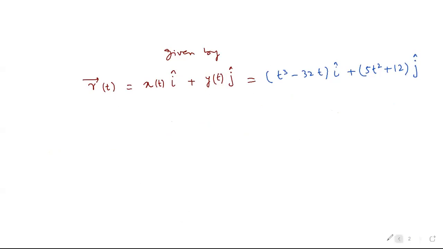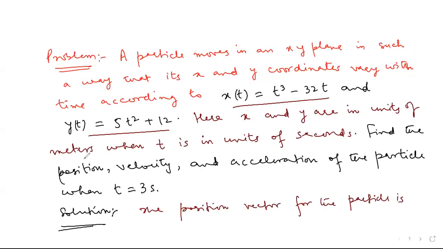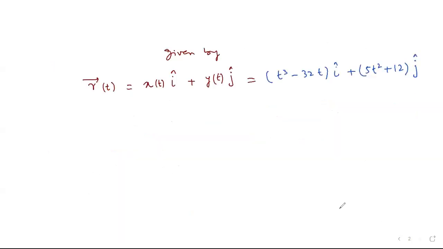We are asked to find the position at a particular instant t is equal to 3 seconds. So we have to put t is equal to 3 seconds and solve for r. So let us do that. At t equal to 3 seconds, what is our position?